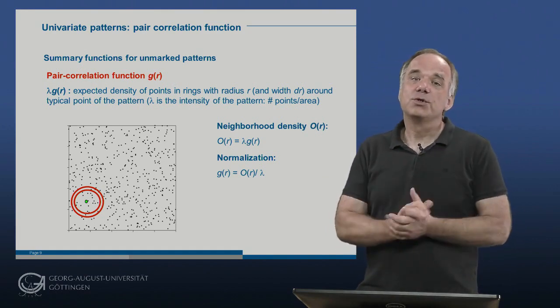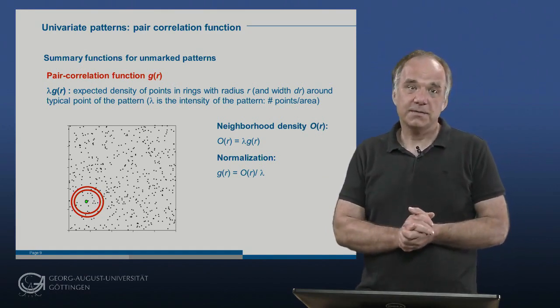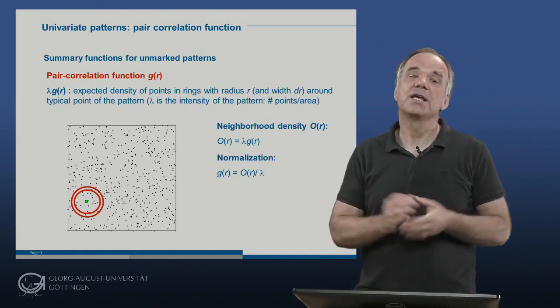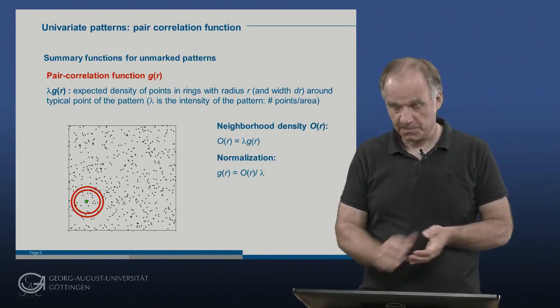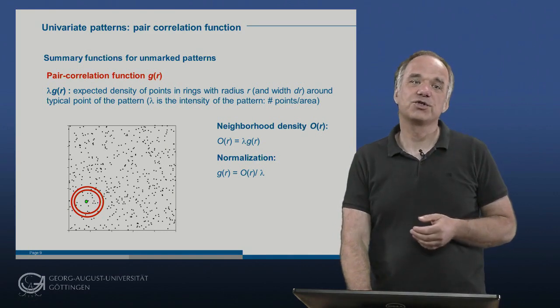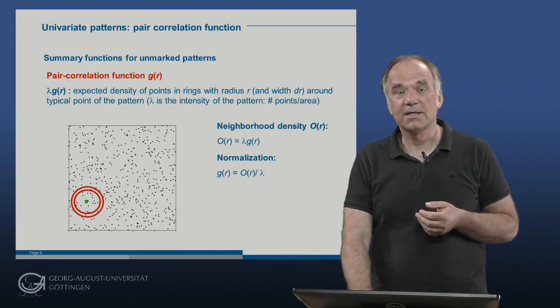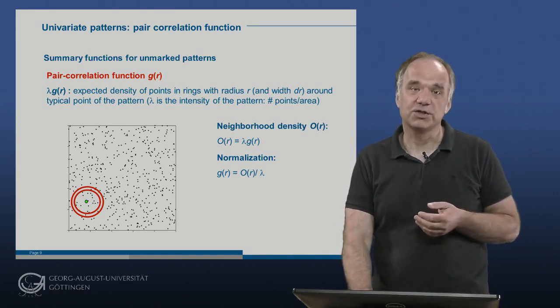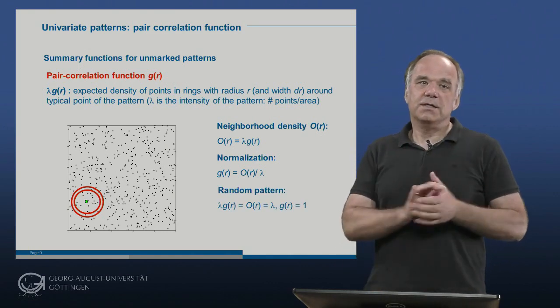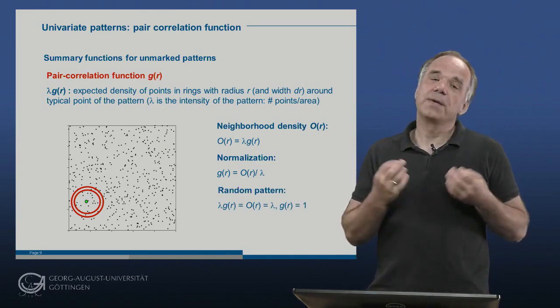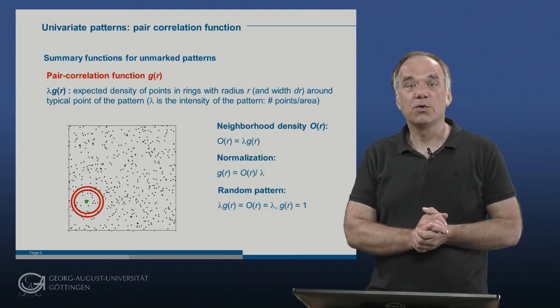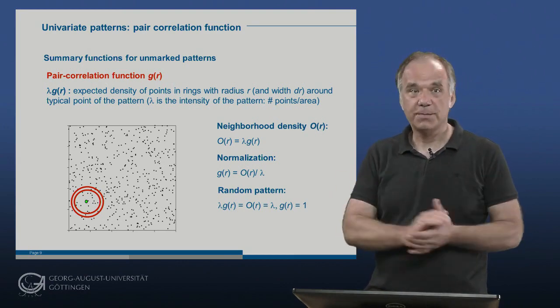Therefore, it is usually normalized by lambda, and the normalized summary function then is the percolation function. And this percolation function now has a number of very nice properties and interpretations. So the percolation function has a value of 1 for completely random patterns.